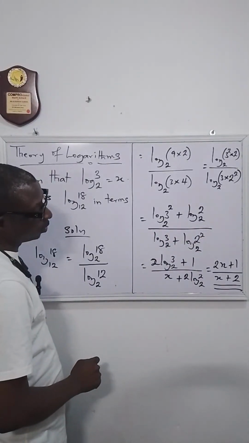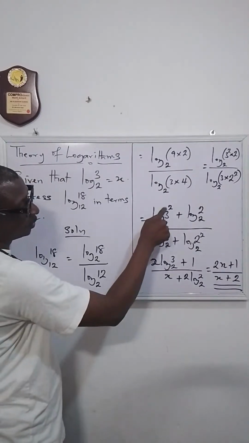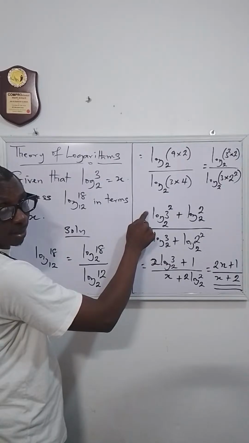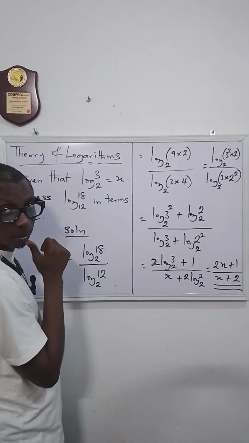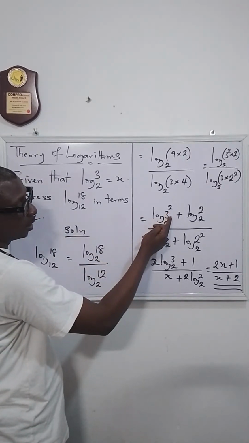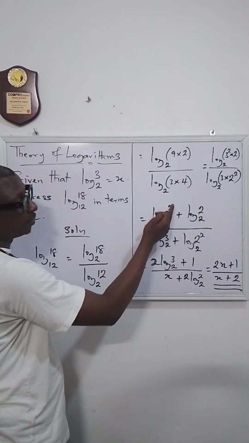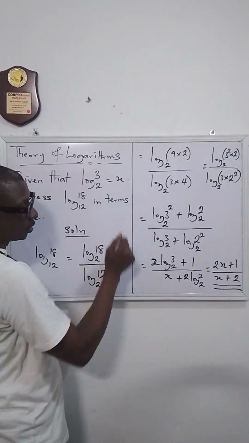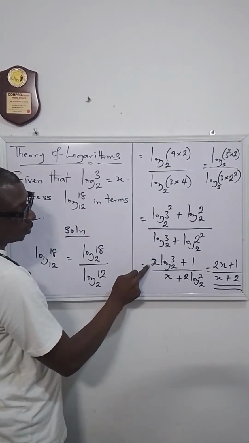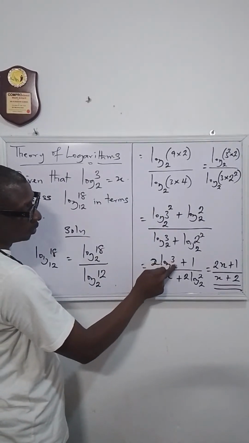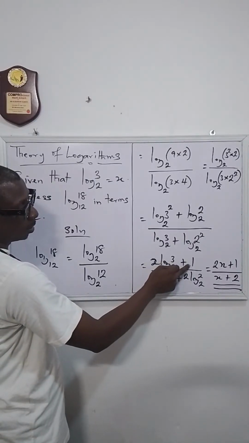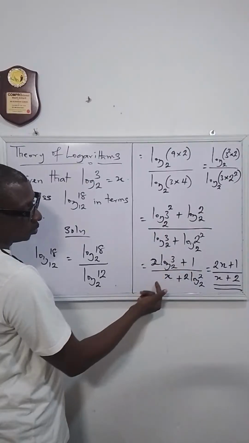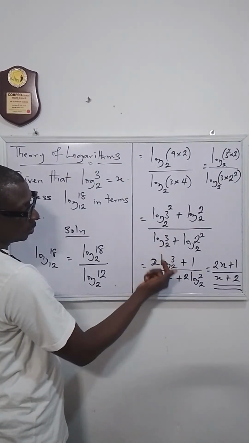So what do we do next? Now this power comes to this side. We have that in one of the laws of logarithm. Once we have a number having an index that is not 1, we bring the index to this side. So now we have 2 log of 3 base 2 plus 1. Why? Because log 2 base 2 is 1. So we have x, right?